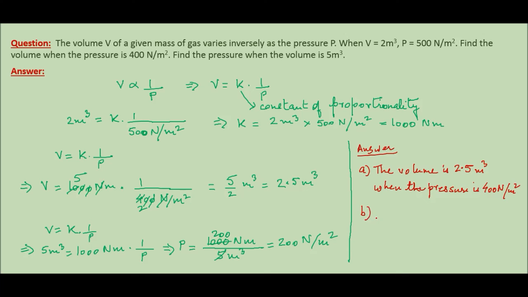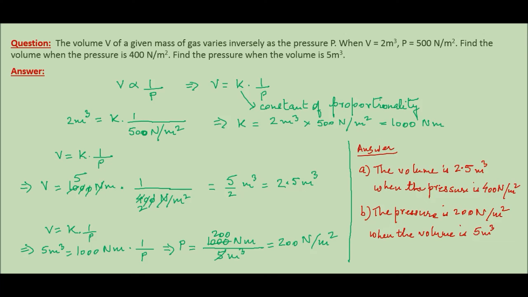And the second one is the pressure is 200 Newton per meter square when the volume is 5 meter cube.